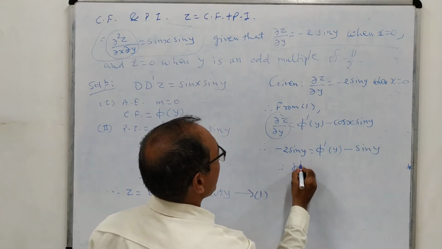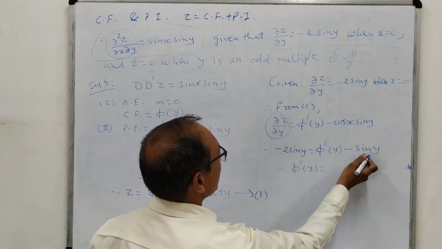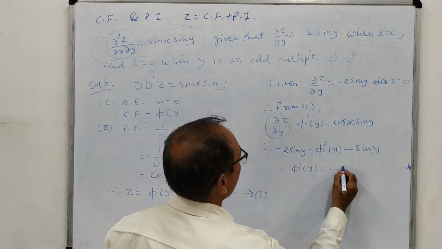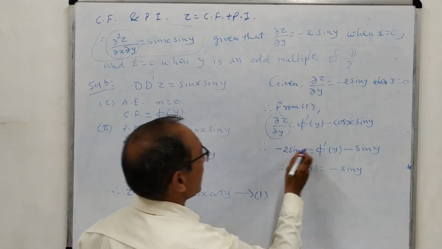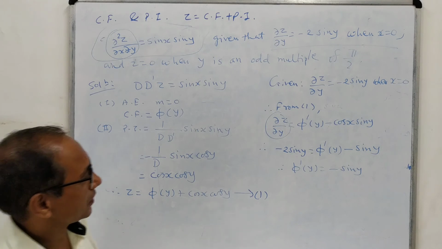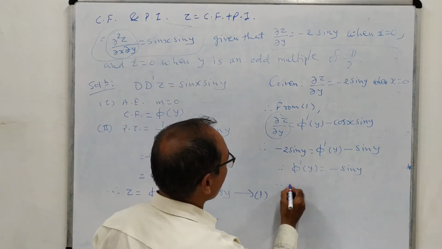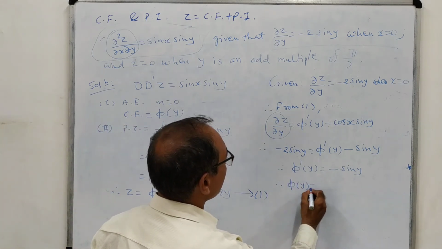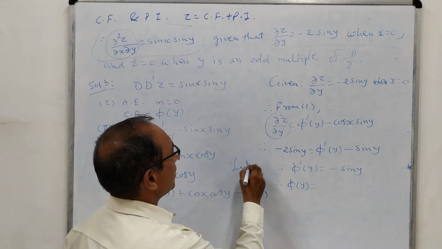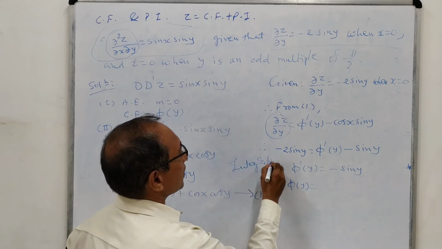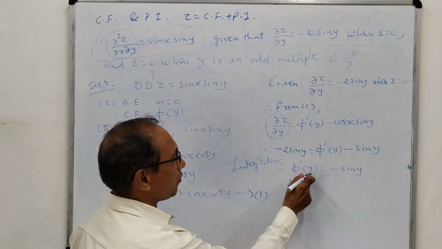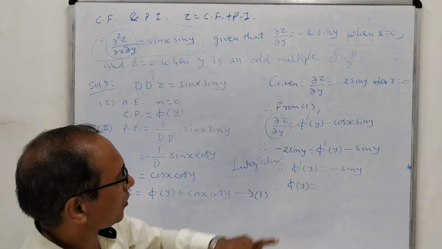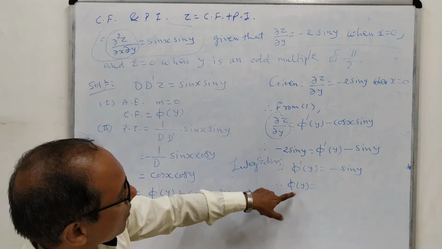And therefore we will have minus phi dash y equal to, if we take this sin y on the left hand side, then we will get minus 2 sin y plus sin y, means minus sin y. Actually we want to find out phi y, so we need integration with respect to y, because it is the derivative with respect to y. So when we integrate, the derivative will be removed.